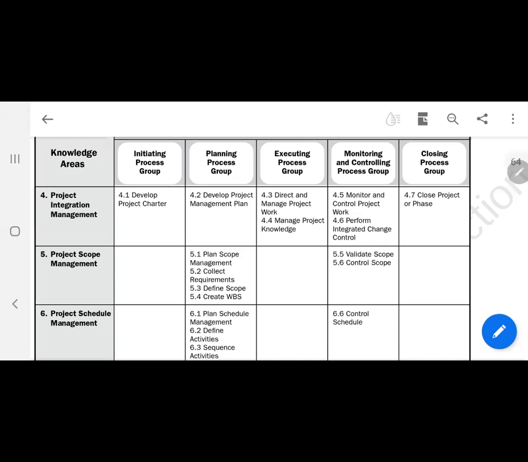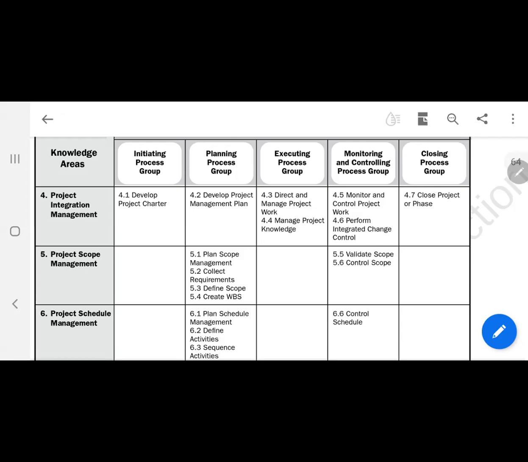Deliverables are intermediary products that come out at phase end. That means when a phase is closing, you definitely close with the release of deliverables. Okay, so that is it. Are we okay then? One output there, direct and manage project work deliverables.